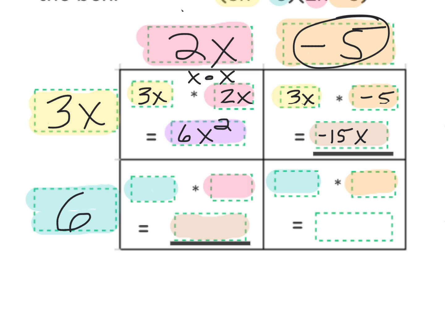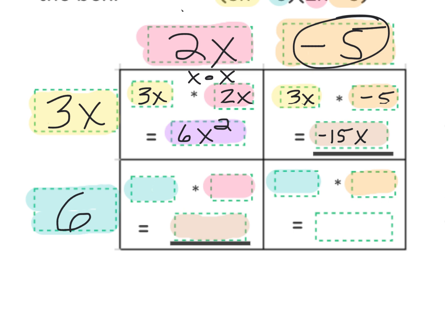Then if we look at the bottom left portion, we see that the left side of the box is this 6, and then the width of the box is going to be the same as the 2x that is on top.